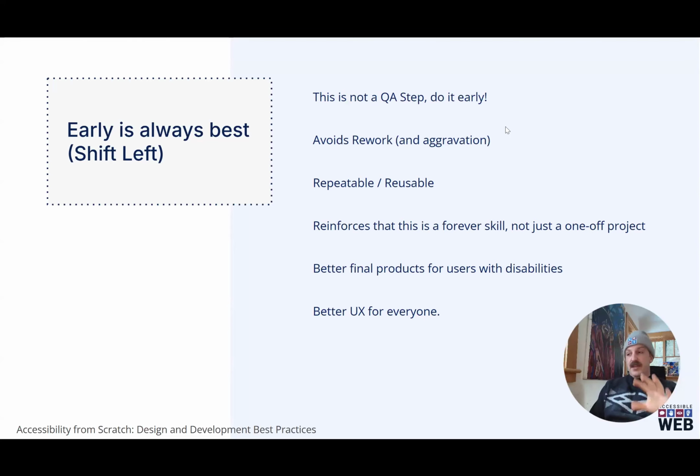And the big thing with building a website to be accessible from scratch is you need to shift left. Early is always best. So do not fall into the pitfall of thinking this is a QA step and that you're going to build a website and then, okay, it's time to do the accessibility. We see that all the time. It's painful.